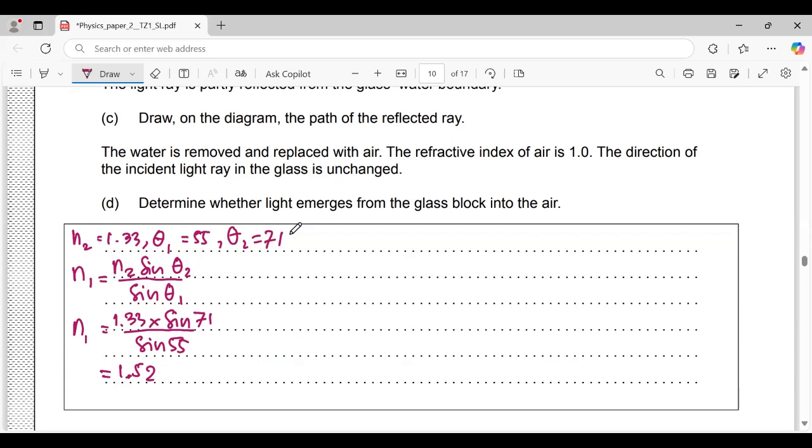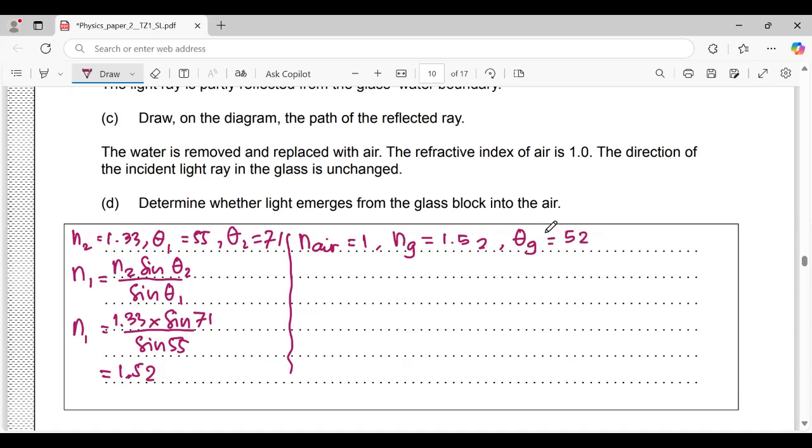Now, if N air, the refractive index of air, is 1, the refractive index of glass is 1.52, and theta glass is 55, the angle in glass.